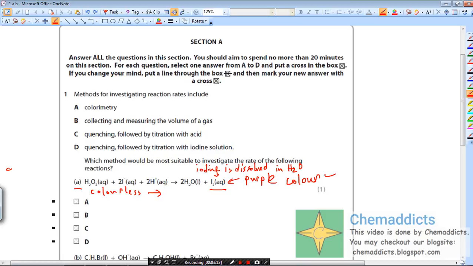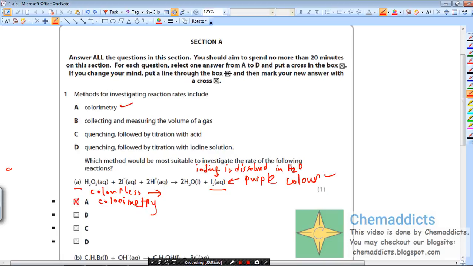So option A is the best method for this particular reaction. Here we will use colorimetry to investigate the rate of this reaction.